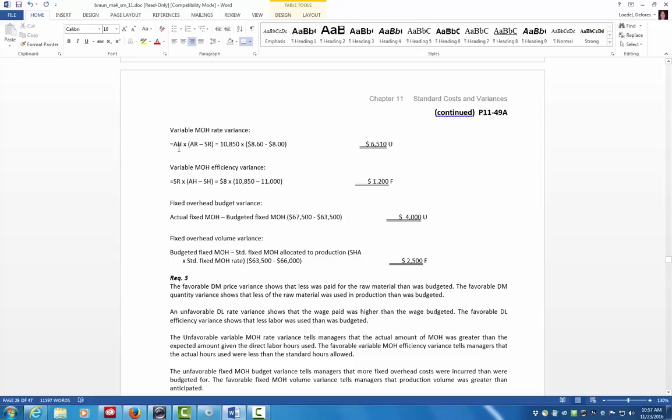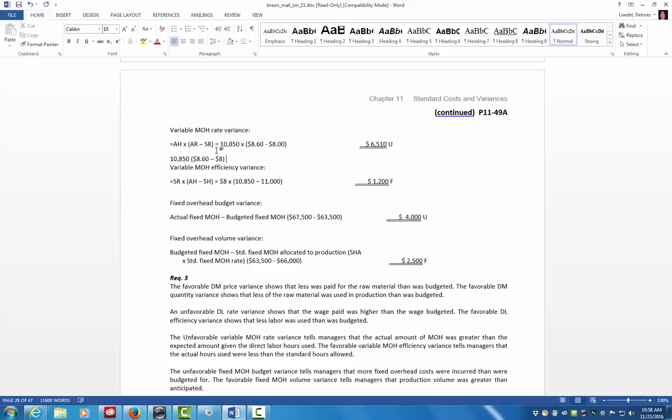So our actual hours being the 10,850, and we're going to multiply that by the difference in our actual rate and our standard rate. So the actual rate is $8.60, and the standard rate being $8.